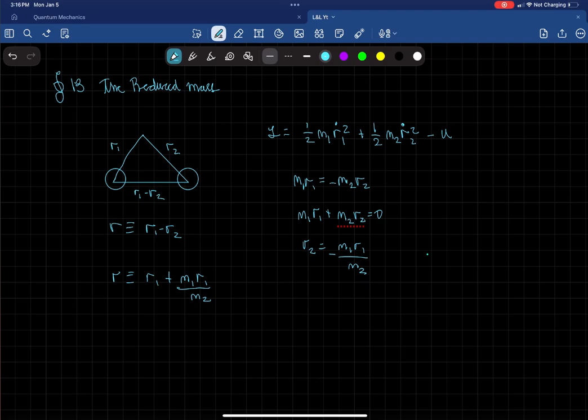And to simplify this, I will multiply my r1 by m2, which will let me combine it all into one equation: r1 times m1 plus m2 over m2, which will be my new radial vector r.